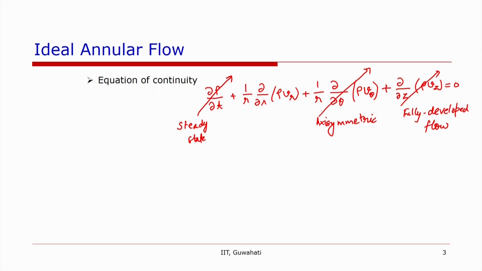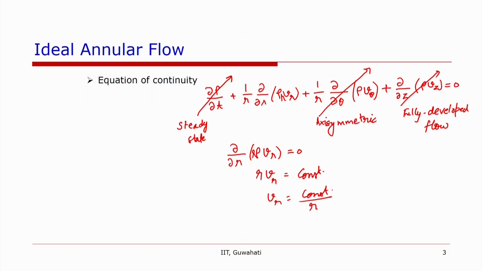Now what we have from this is that del over del r of rho r Vr is equal to 0, so we have rho r Vr, and that means r Vr is equal to a constant, and Vr is equal to constant over r, but Vr needs to be finite.